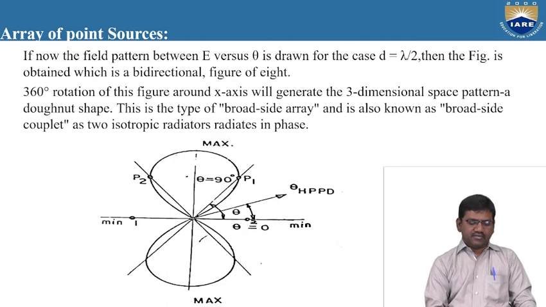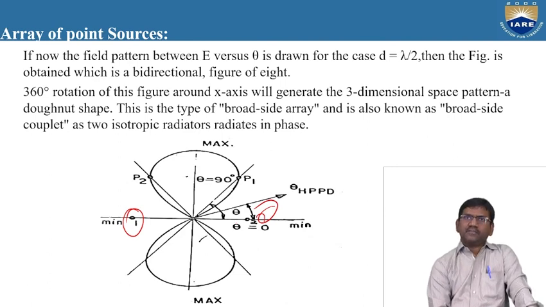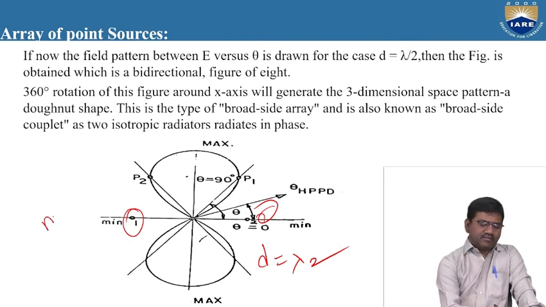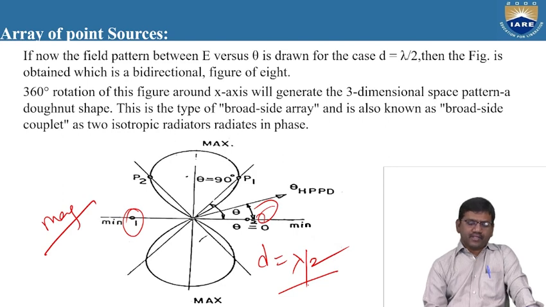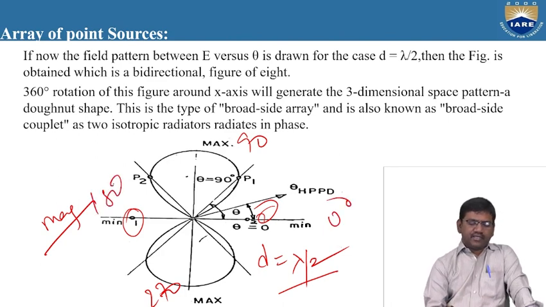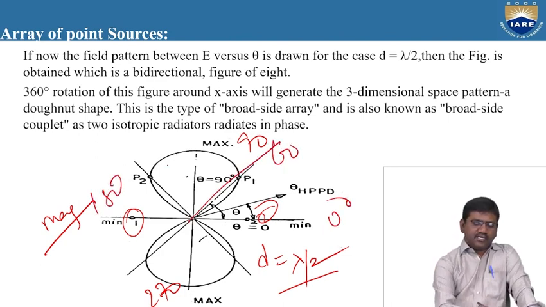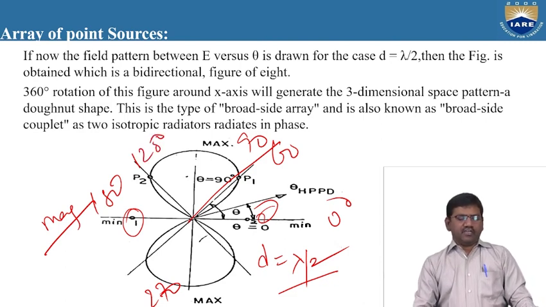These are 2 point sources 1 and 2 separated by distance d equal to lambda by 2, fed with equal magnitude power. The maximum direction will be 90 and 270, the minimum will be 0 and 180, and the half power points are 60 and 120 degrees. This is the final pattern of the array of point sources of equal magnitude and spacing.